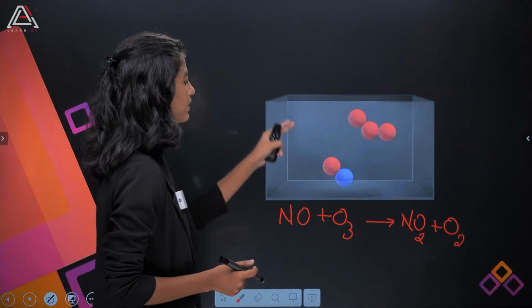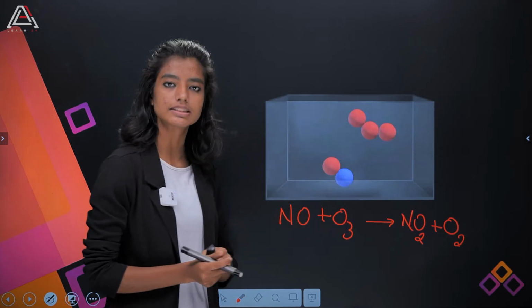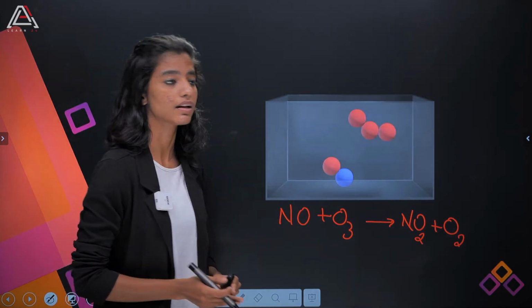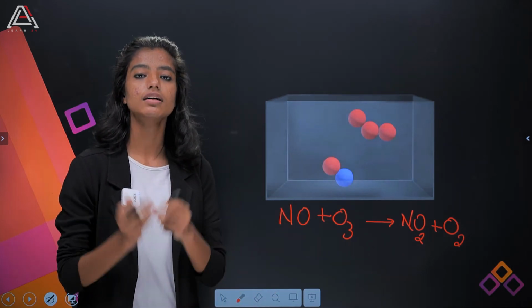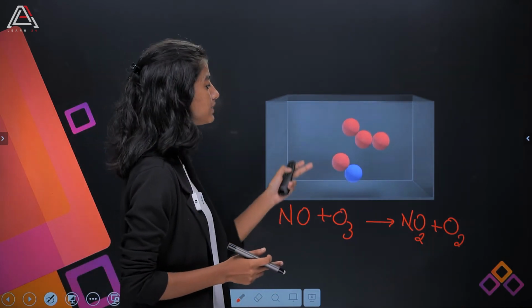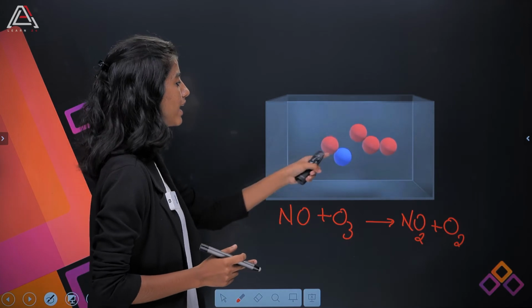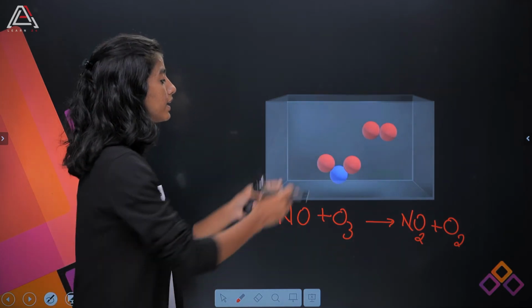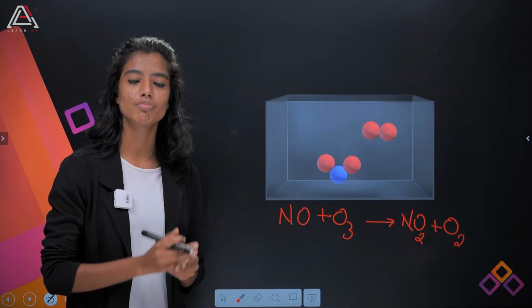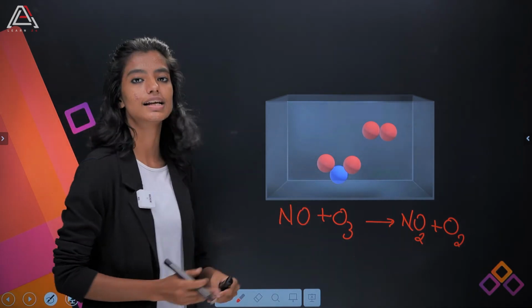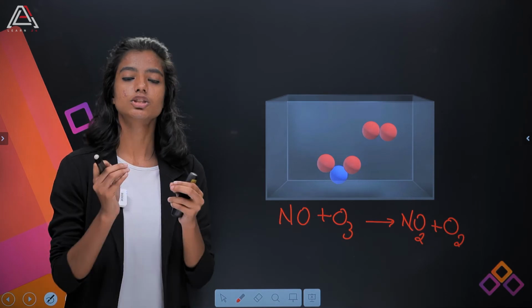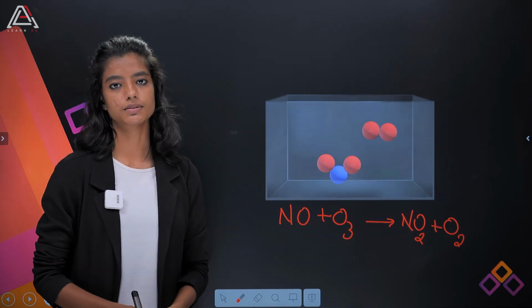So, if this oxygen is colliding with this oxygen, reaction will not happen. In order to react, the nitrogen should be colliding with the oxygen. That is, the oxygen and oxygen. Now the nitrogen combines with the oxygen, there forms the breaking of bonds and the formation of new bonds taking place. So the orientation is an important factor to make that collision possible.